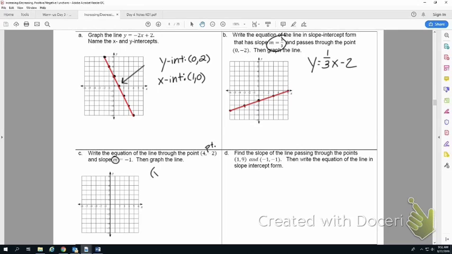So I've got y minus y1 equals m times x minus x1.